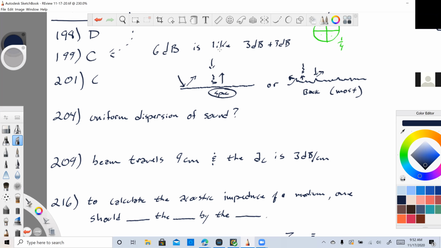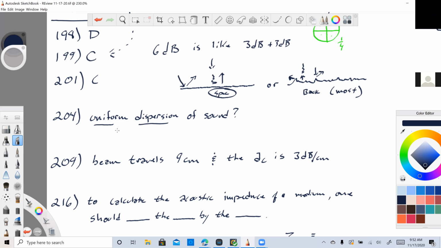So I could see that catching you guys. And you're wondering, what does that all mean? A uniform dispersion of sound, 204, after striking a very small particle. Okay.